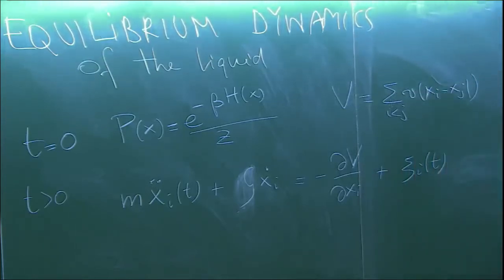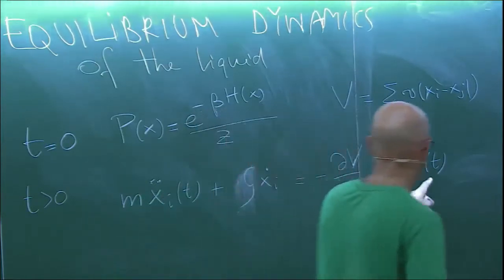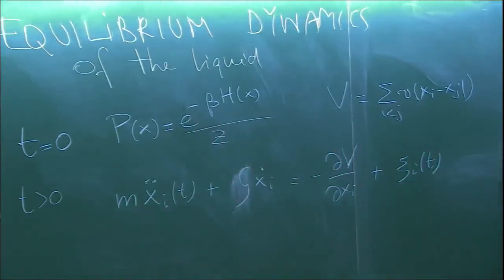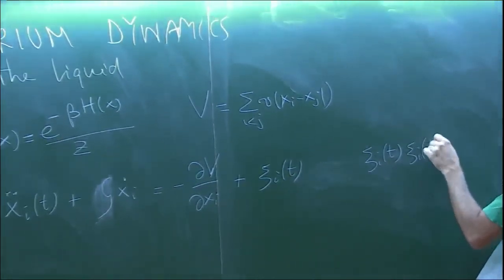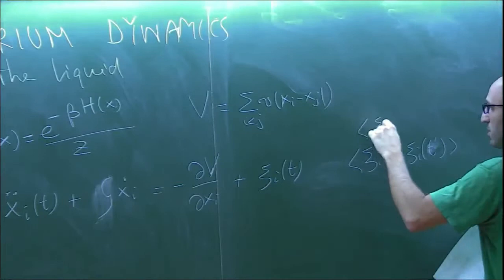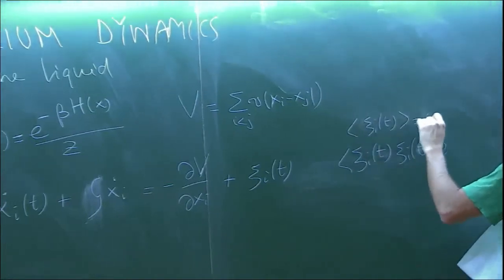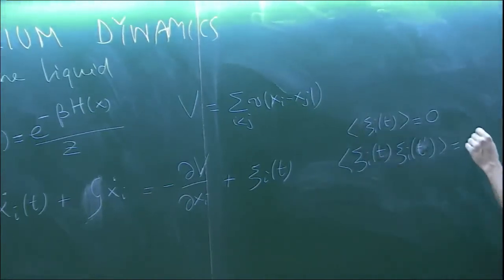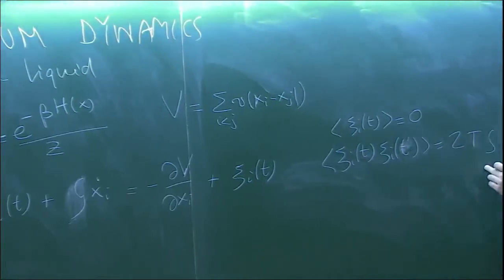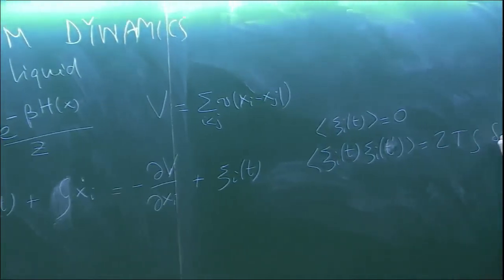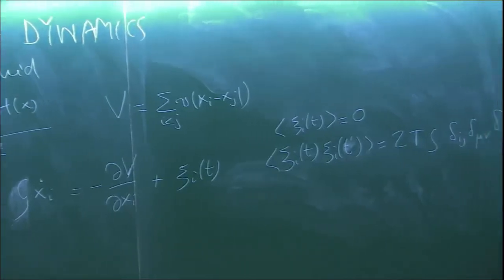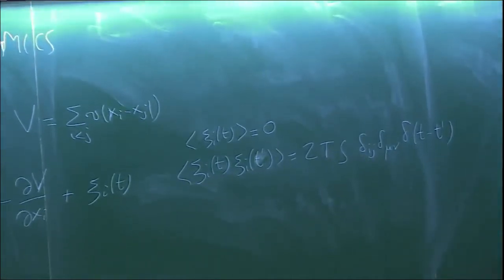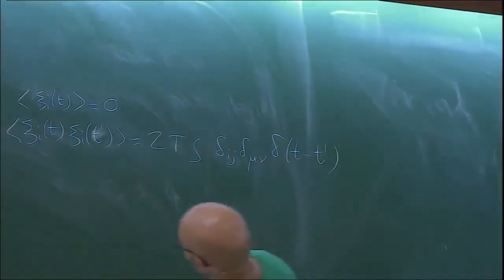The noise is a white noise with 0 average and delta correlation in time. So this is the standard Langevin equation. I hope you have seen this once, at least.